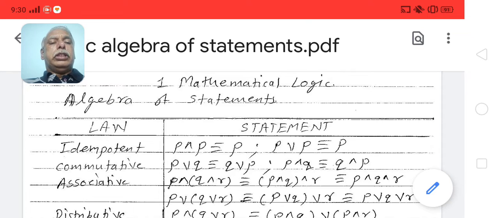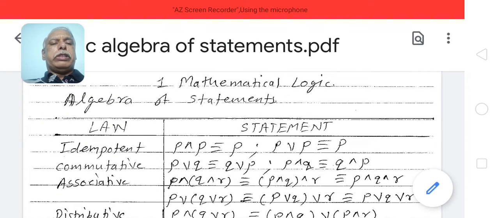Now, while using a truth table, we use shortcuts, and by using a truth table we also prove the equivalence of two statements.